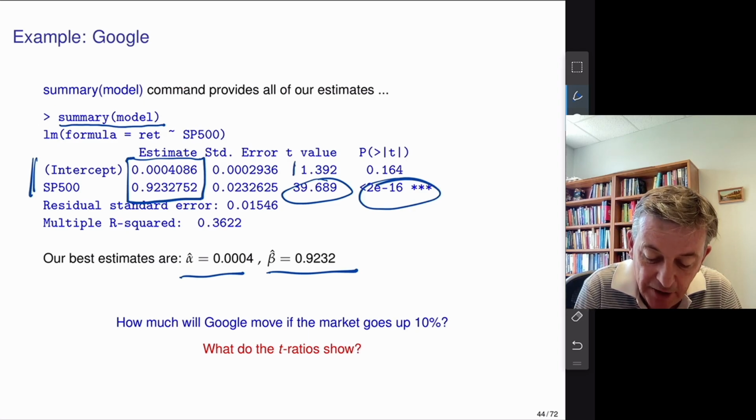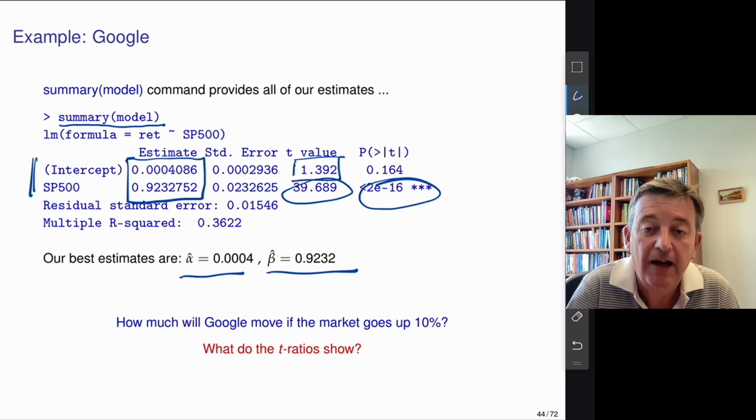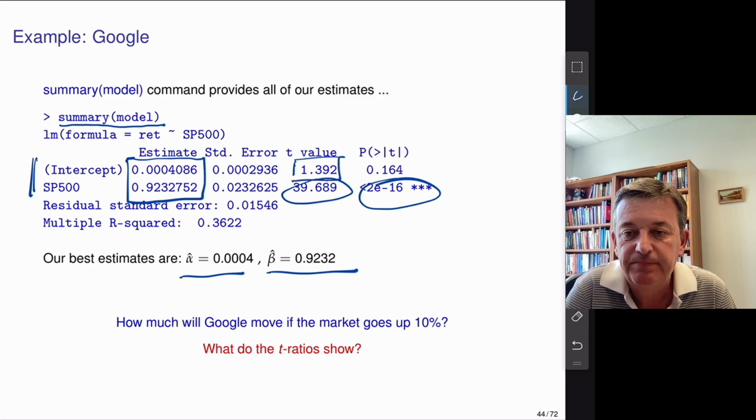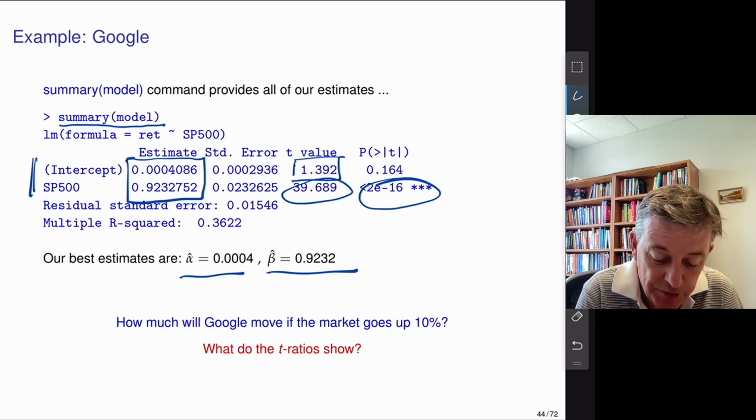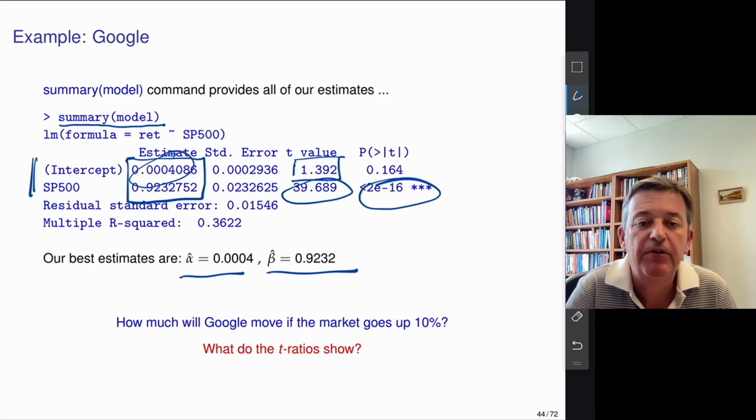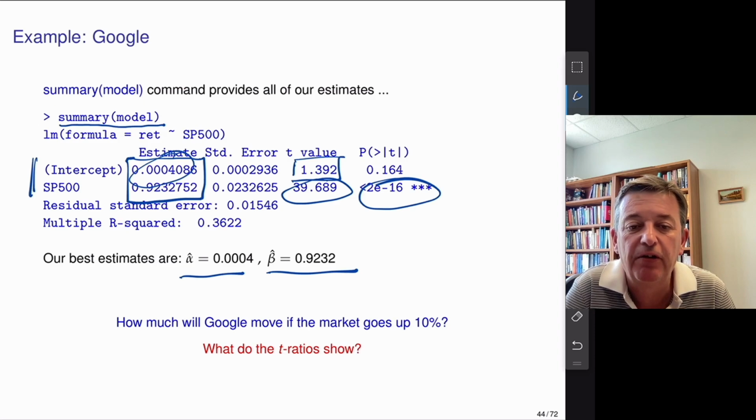Now, it's much harder to measure the intercept. So at the 95% level, I haven't gotten up to my significance level. But 0.004, remember to multiply by 252 to get to a yearly basis. That means Google outperforms in a year on average about 10%. 0.004 times 250 or 252.